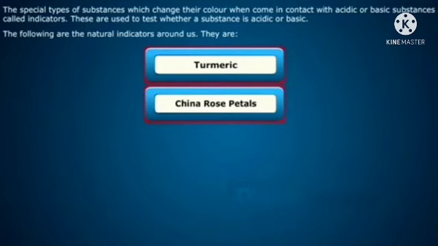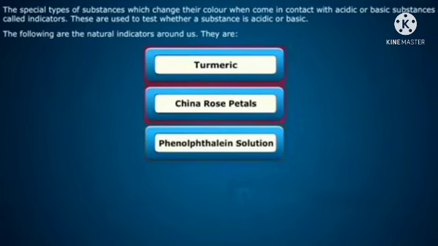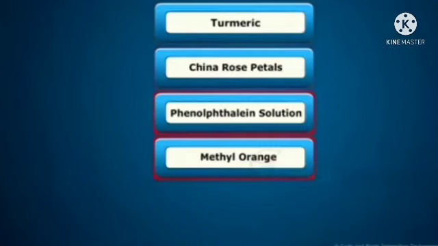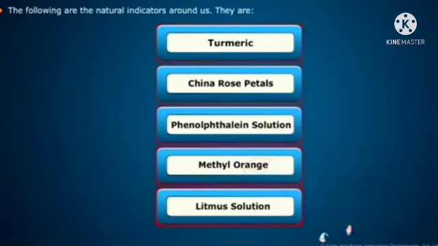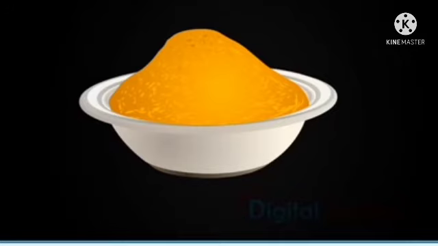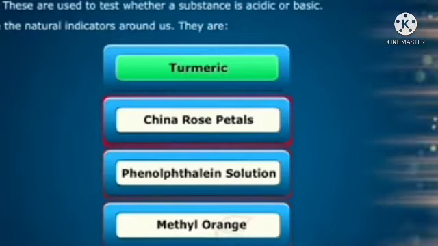The following are the indicators around us: turmeric, China rose petals, phenolphthalein solution, methyl orange solution and litmus solution. Turmeric as an indicator identifies basic solutions only. Its color changes to red when it comes in contact with a basic solution. Its color does not change in acidic or neutral solution.